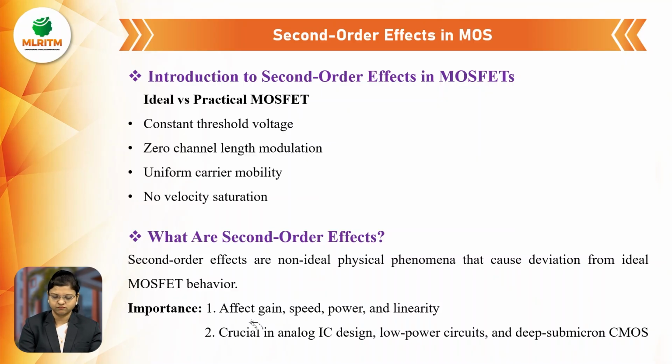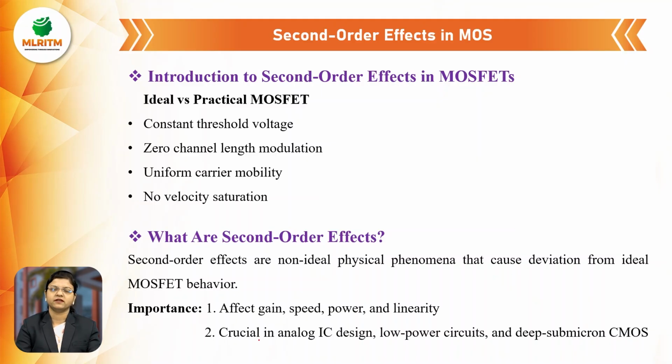They also reduce the speed. Power and linearity are also major factors that can be affected by the second order effects. They are crucial in analog IC design, because we are talking about analog CMOS IC design.